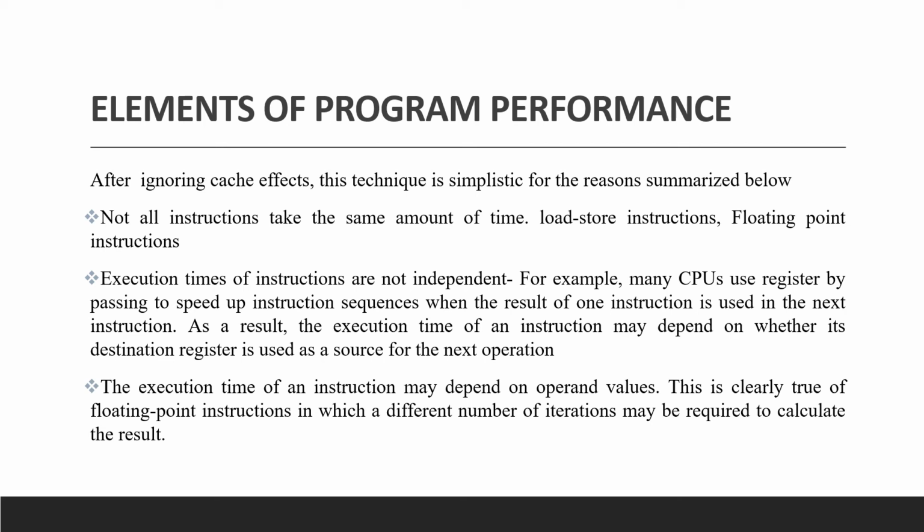Execution times of instructions are not independent. For example, many CPUs use register bypassing to speed up the instruction sequence when the result of one instruction is used in the next instruction. As a result, the execution time of the instruction may depend on whether its destination register is used as a source for the next operation.